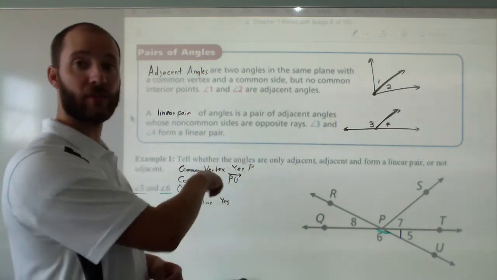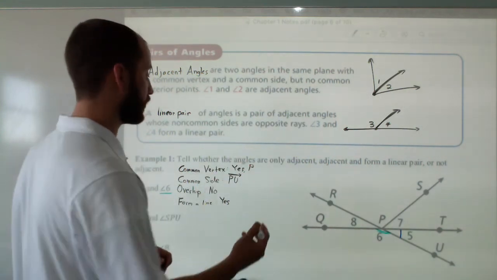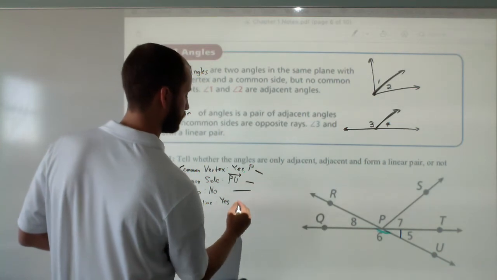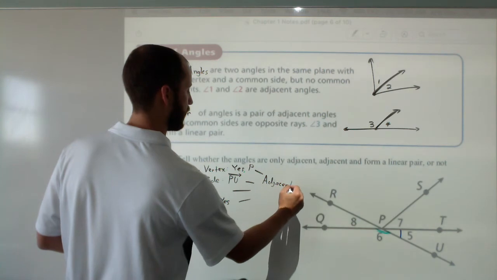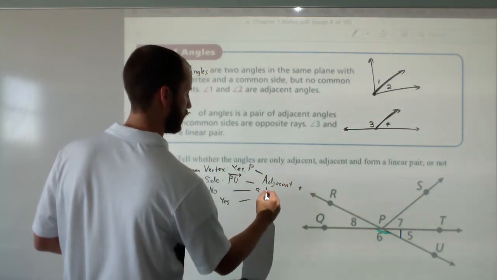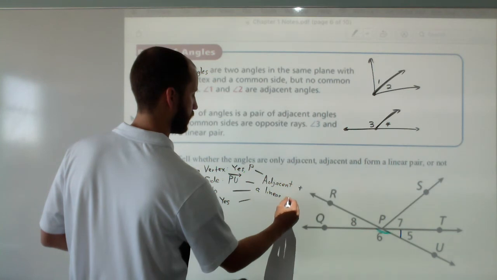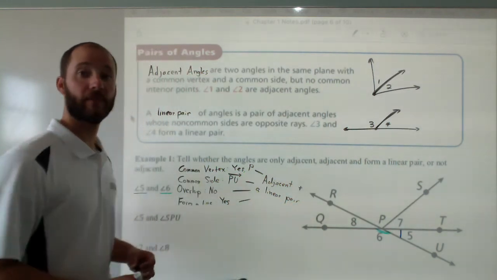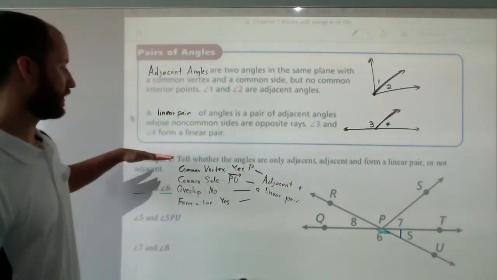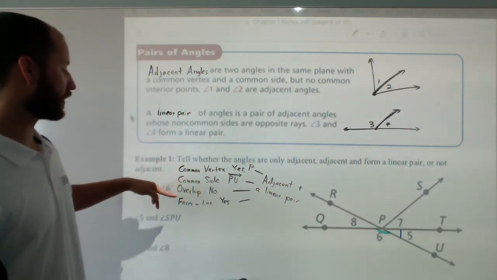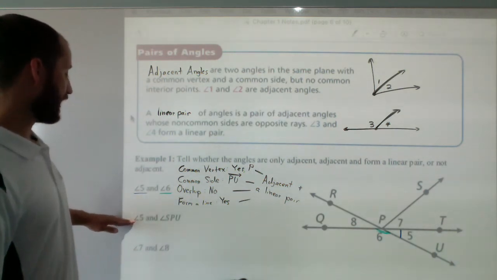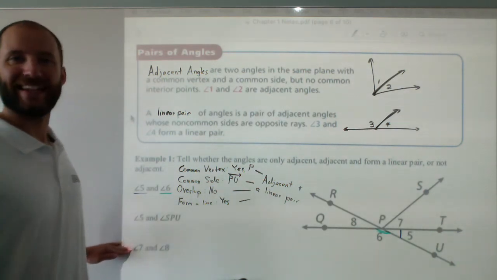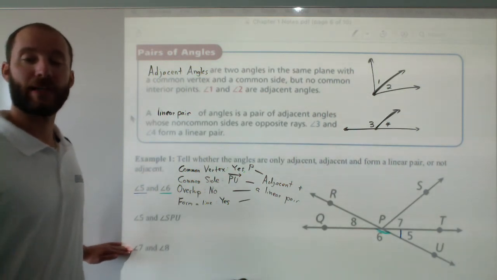Yes. So all of these separate requirements say that they are adjacent and a linear pair. Kind of going through it with that checklist. A common vertex, a common side, do they overlap, do they form a line? So take a minute to pause the video, look at angle 5 and angle 6, and then angle 7 and angle 8, and then check my online notes, see what results you get.